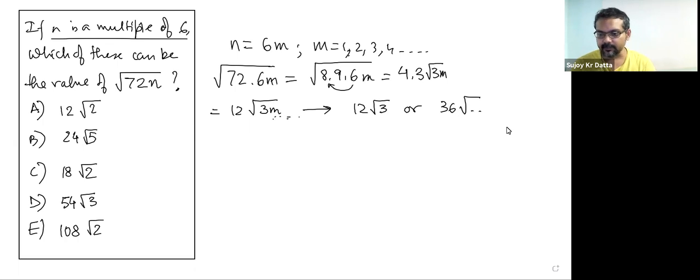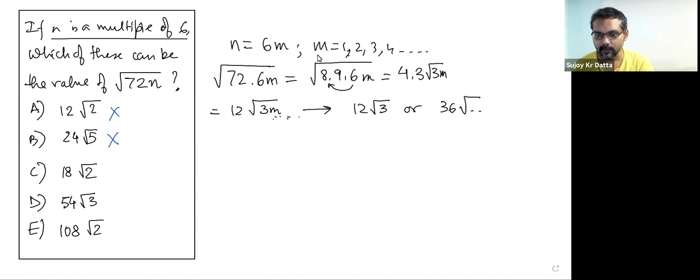Now we need to check one by one what the answers are. Clearly option A is not valid, because though it has the 12, there is no 3, and m cannot be a fraction like 2/3 or something, which would eliminate the 3 inside the root. So that's clearly ruled out. B is also ruled out, because where did the 3 go? m could be 5, so there is no issue with the 5, it could be 7, 11, whatever inside.